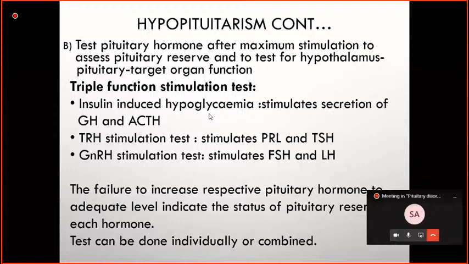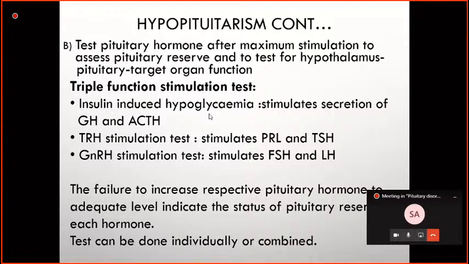It is the hypoglycemia itself as well as the stress induced by hypoglycemia which stimulates ACTH. You can do a TRH stimulation test to stimulate your prolactin as well as your TSH. And there is the GnRH stimulation test.